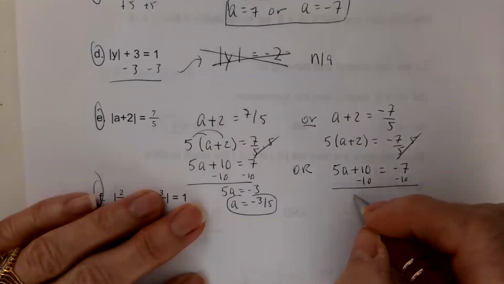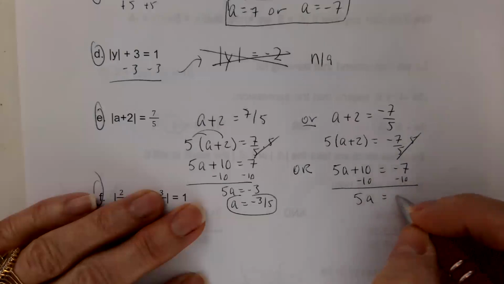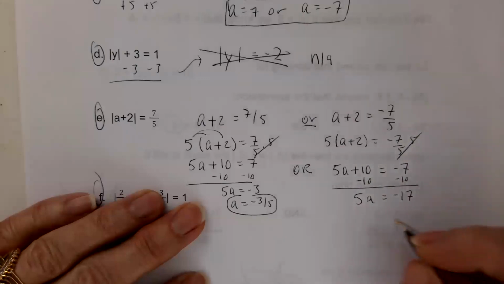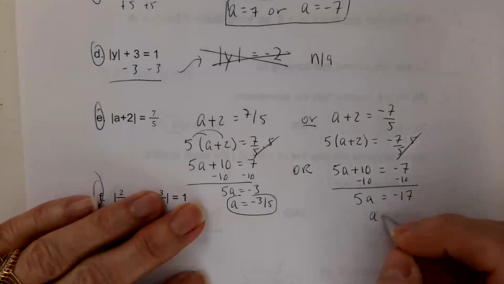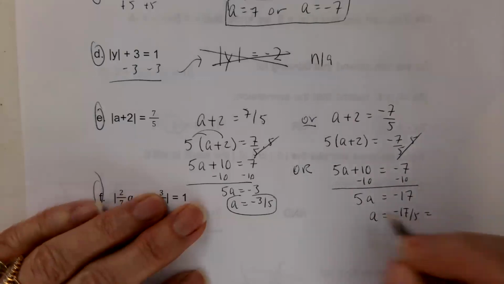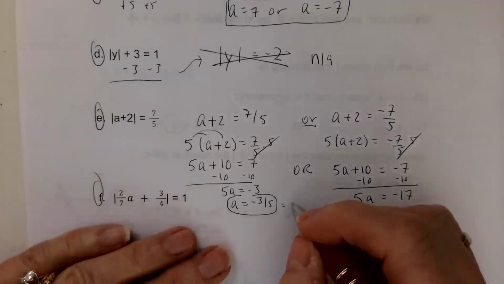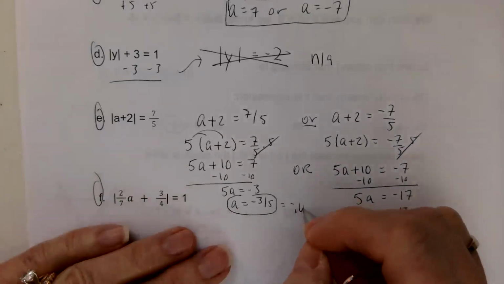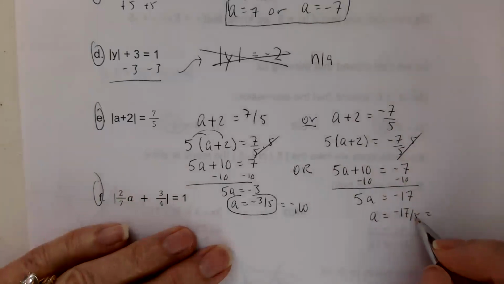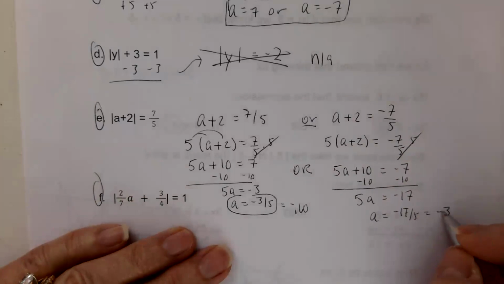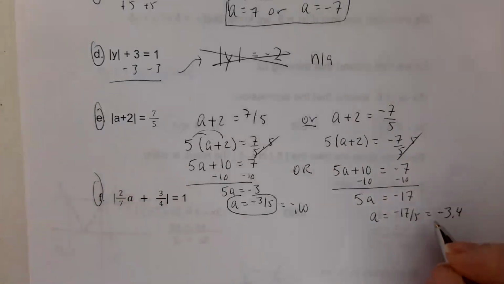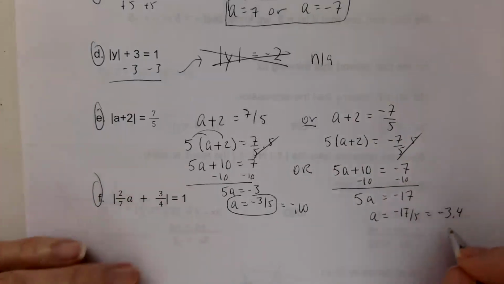So subtract 10. 5A equals a negative 17. And then we're going to divide by 5. We get a negative 17/5. So a negative 3/5, which is the same as a negative 0.6. And then 17/5 is a negative 3.4, I believe. 17/5 is 3 2/5.